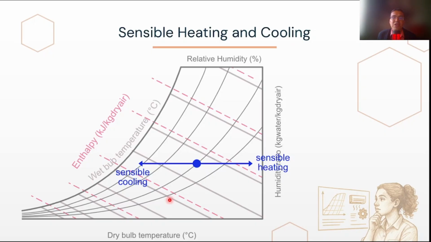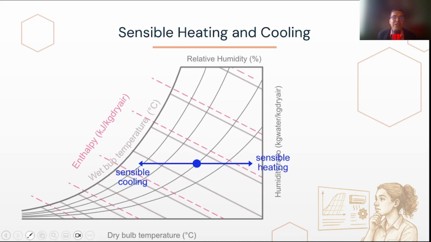For example, in a hotel room during winter, a duct heater warms incoming air before it enters the room, raising the temperature but not changing the moisture level. Sensible cooling is typical in spaces where moisture control is less critical, such as dry office environments.